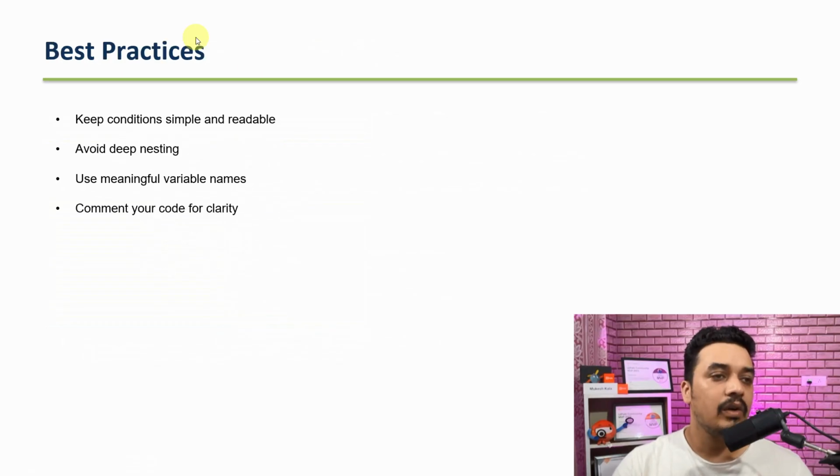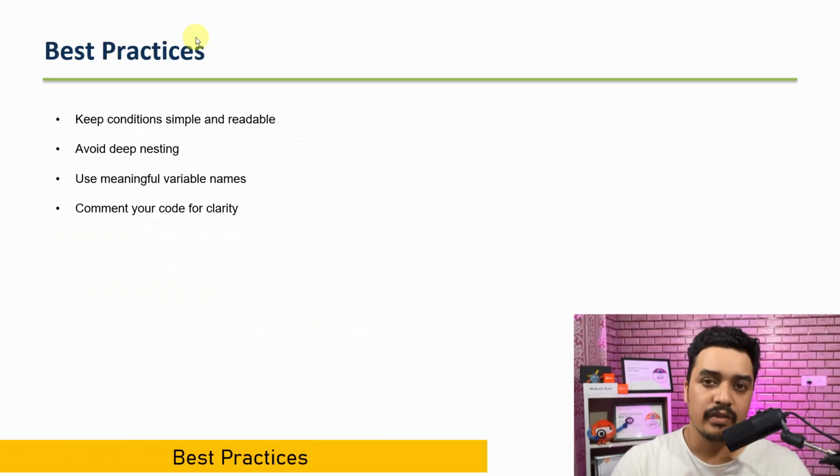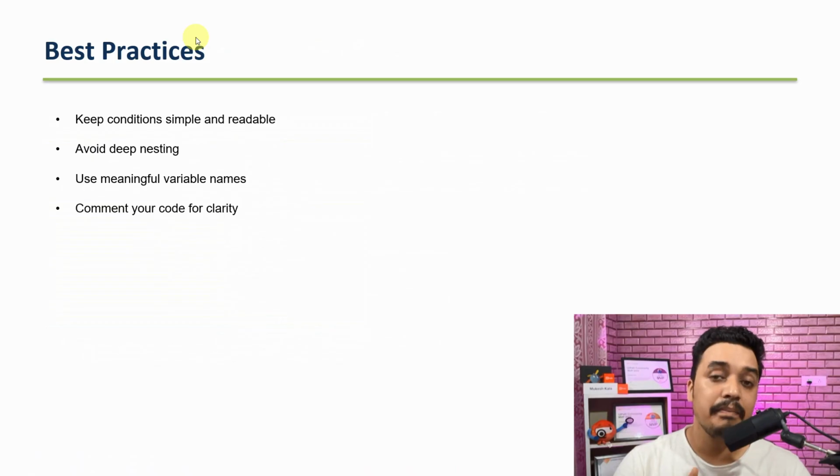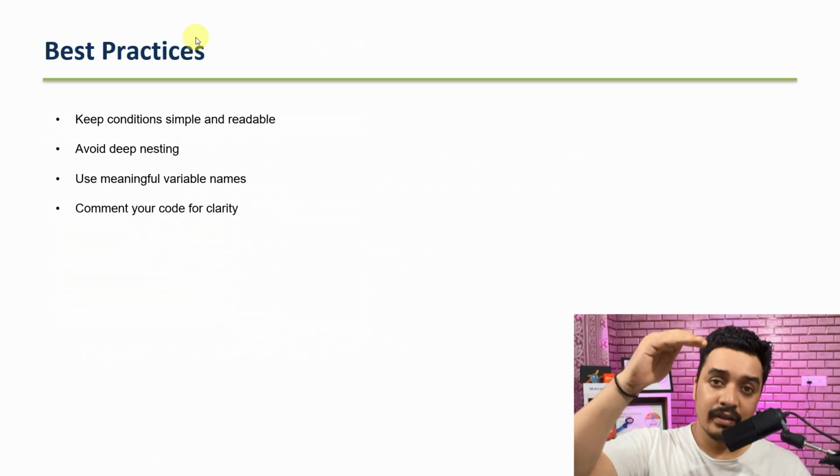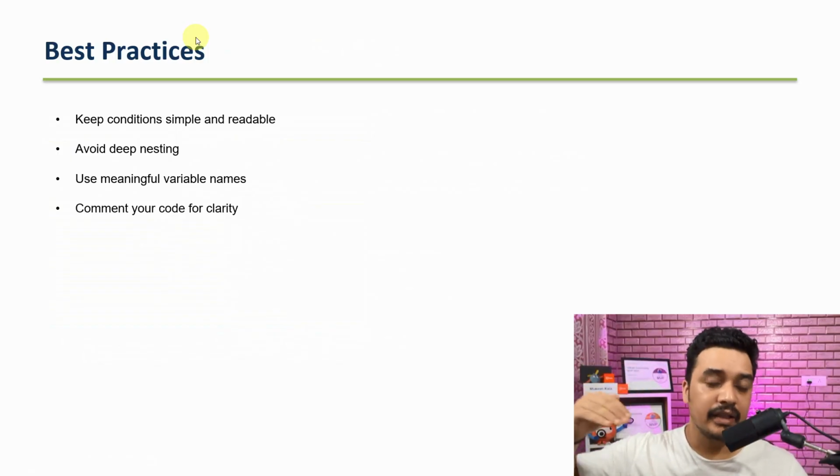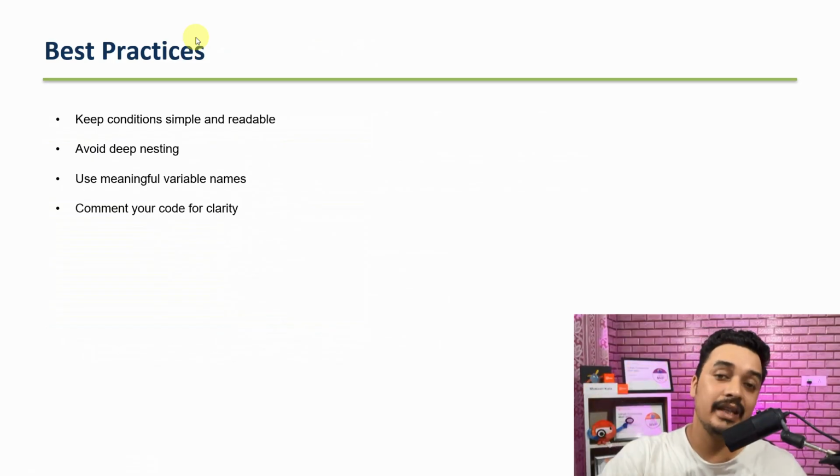Now there are some best practices which you should follow when you are writing conditional statements. Keep the condition simple and readable, avoid deep nesting. If, then if, then if, then if, right? Avoid using a deep level of nesting. 1, 2, 3 is fine, but not more than that. Otherwise it becomes difficult for you to maintain the program.